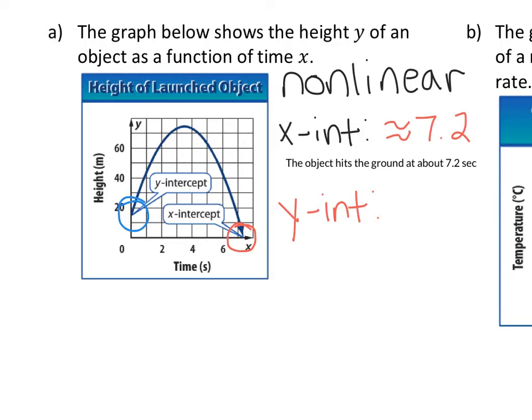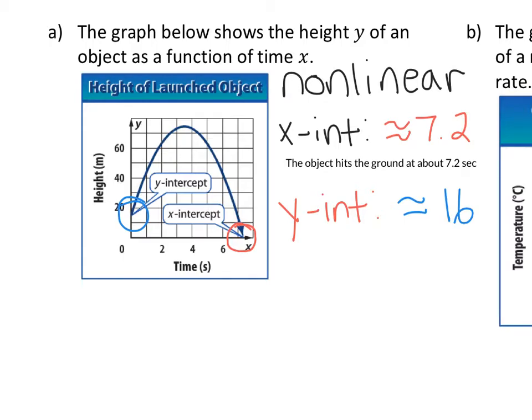So the y-intercept is approximately 16. And what does that mean? Well, the y-axis represents the height. So at time 0, the height is 16 meters. So that means the object starts at a height of 16 meters.